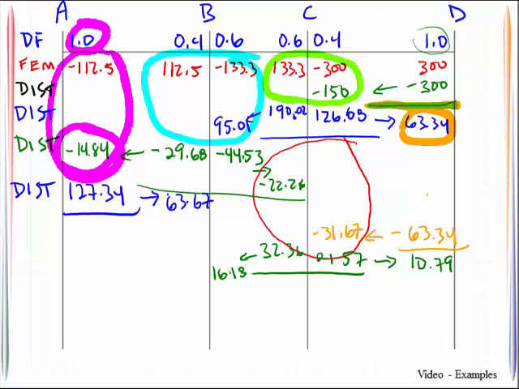Then I'm ready to do the next joint, and I would look at everything that happened since the last time I balanced joint B. I could distribute that accordingly. That would work out to be negative 31.94, negative 47.91. You'd carry those over, so on and so forth.